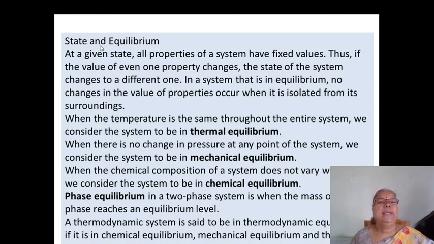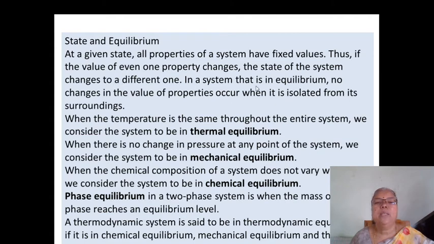Then, a state and equilibrium. At a given state, all properties of a system have fixed values. If the value of even one property changes, the state of the system changes and thus it becomes a different state.